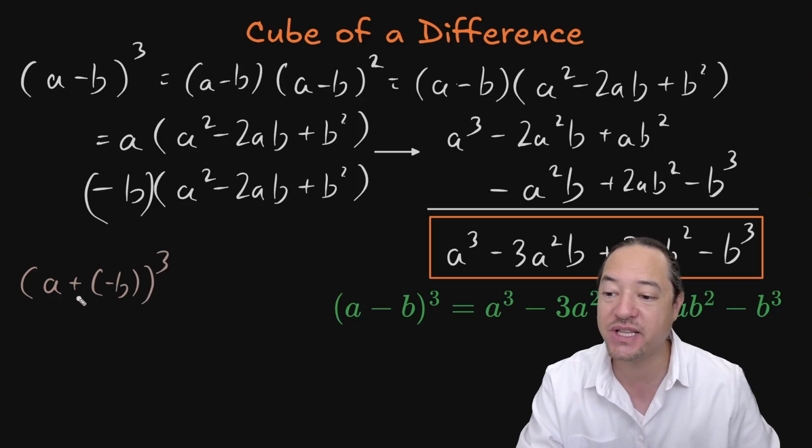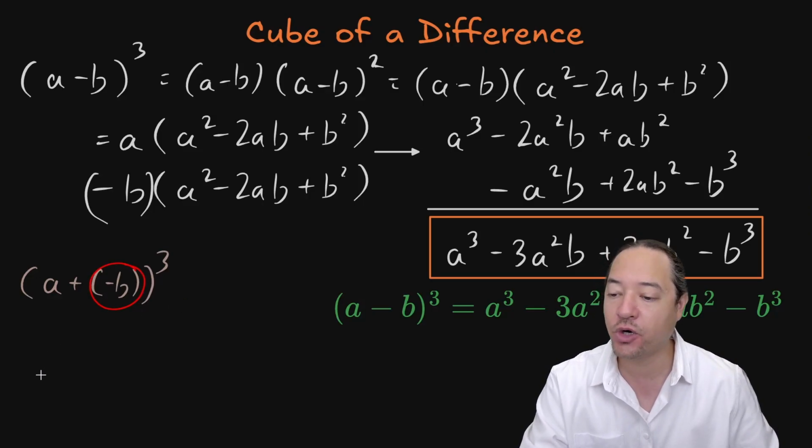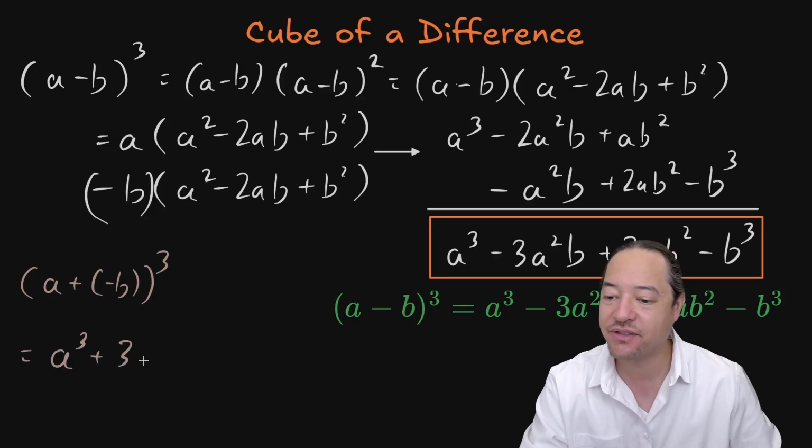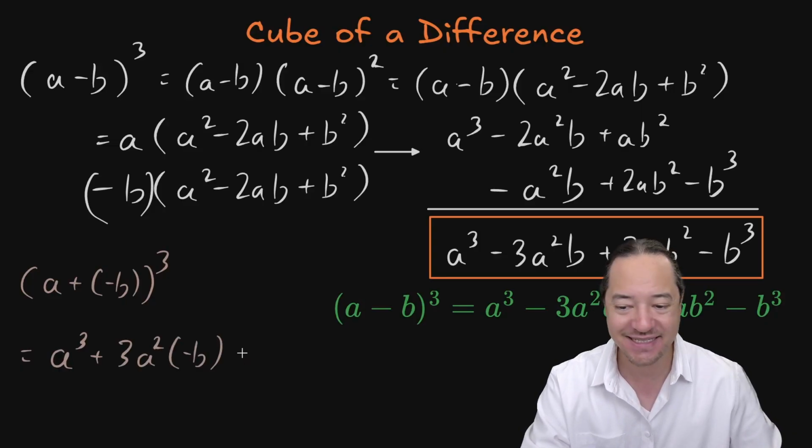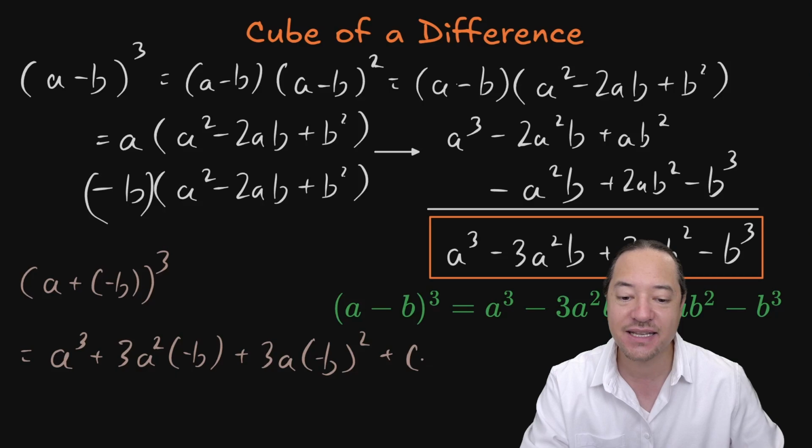So if we treat this as adding a negative b, then when we look at our formula, we should actually get now a cubed plus 3a squared times negative b, right? Plus 3a times negative b squared plus negative b cubed, okay?